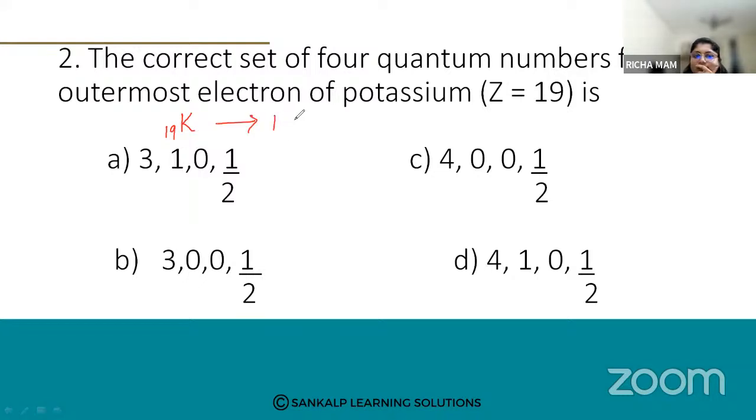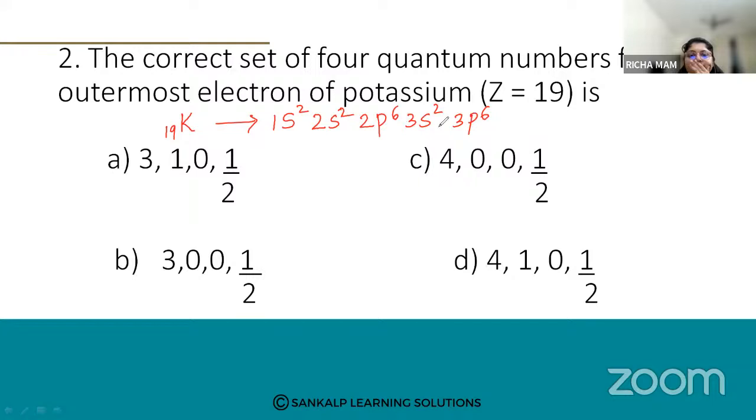Let us write. The electron filling will take place from 1s2, then 2s2. We know according to the Aufbau principle that electron filling takes place from lower orbital to higher orbital. So it is 1s2, 2s2, 2p6, then 3s2, then 3p6.